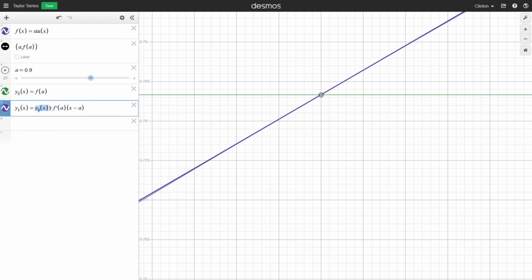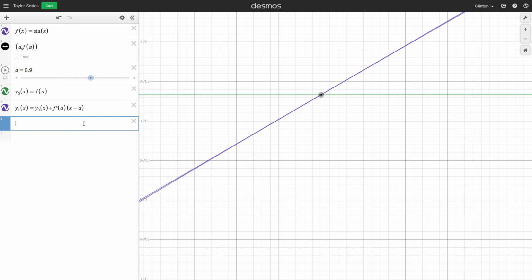The reason I'm writing it like this is because I want to connect it to this idea of a zeroth order approximation, where we have this curvy function sine of x, and the very most basic approximation we could do is just have the y values match at a single point. So if our point is x equals a, then we make the y value match there. So we'll let f of a be our y0 of x.